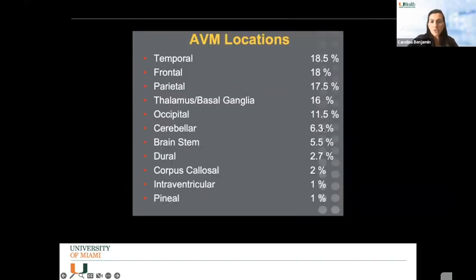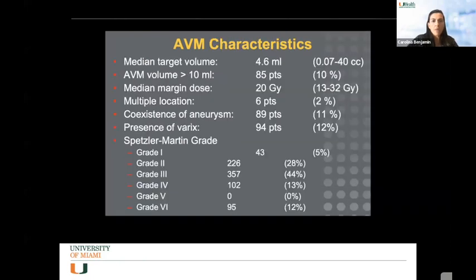The locations, as you see here, are a variety. Some are more superficial and more accessible surgically, some deeper and more eloquent in nature. You can see AVM volume greater than 10 mLs in 85 patients, so there was a good number of what we consider high volume, difficult to treat AVMs.